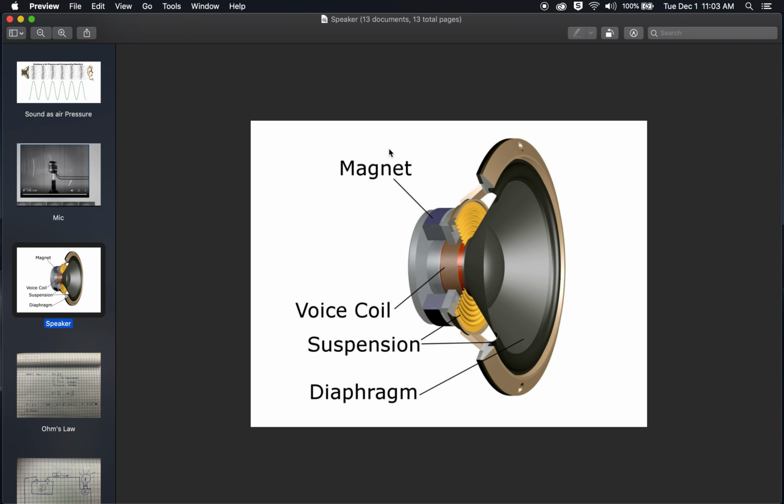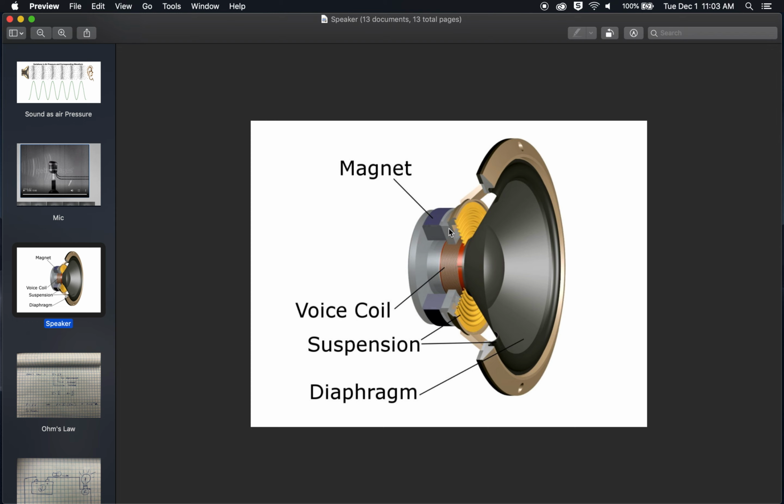So there would be a lead wire coming into this speaker, which, if it's playing back from a recording, is playing a continuous audio signal, which means the voltage in that signal is continuously changing.